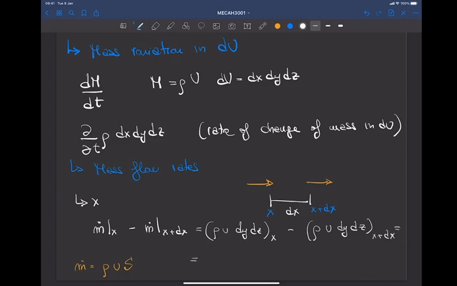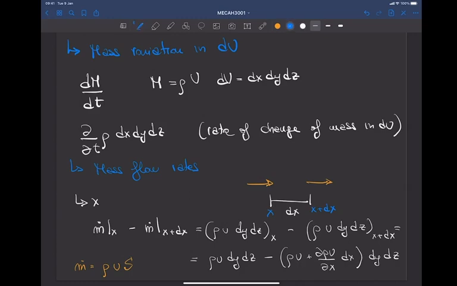Of course, you see already where I'm heading: we can develop in a Taylor series the flux that we have at coordinate x plus dx. So this difference will be given by rho u dy dz minus, we have rho u plus the derivative of rho u over dx times dx, times dy dz.